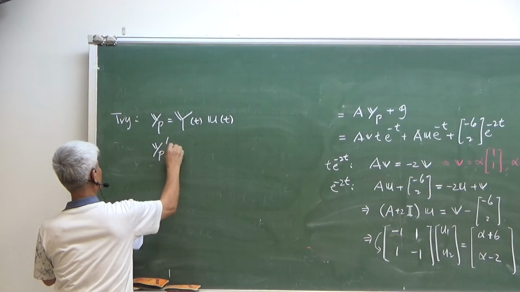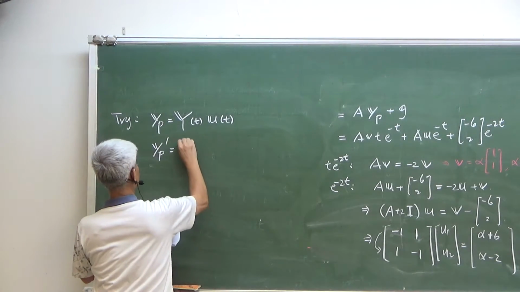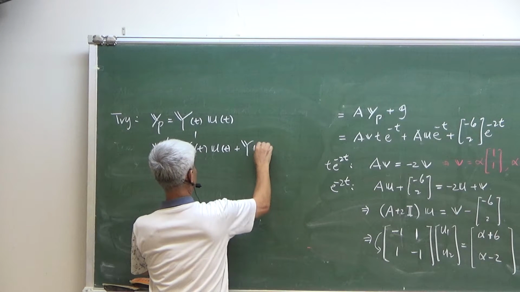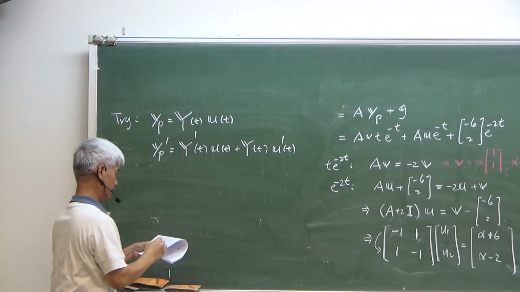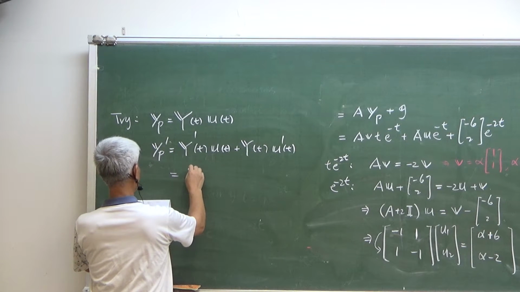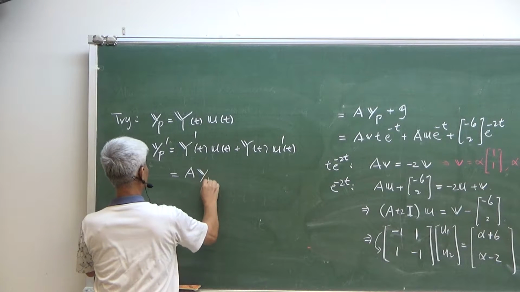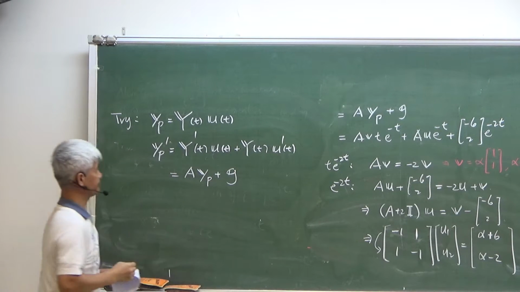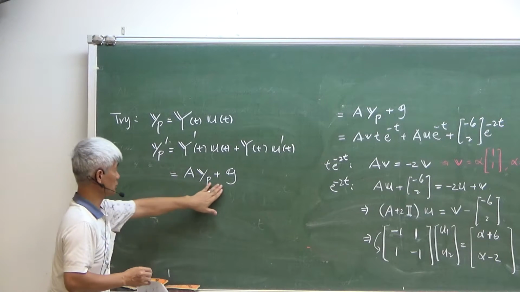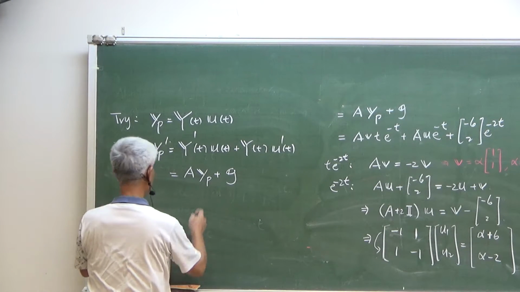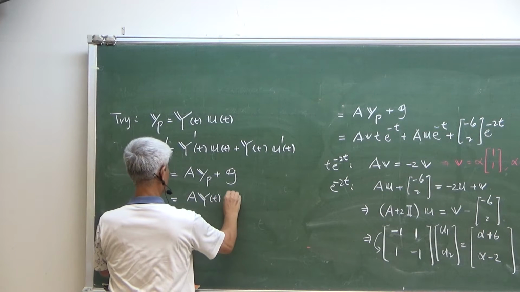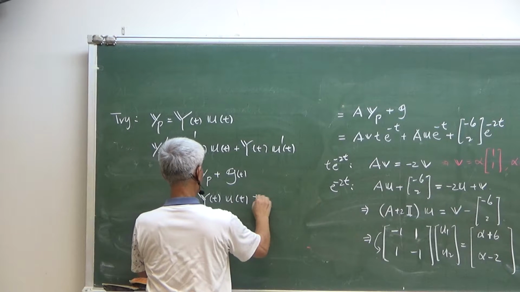Alright, so the first derivative of y_p is equal to Y'(t) u(t) plus Y(t) u'(t). And this is equal to A y_p plus g, because y_p is a particular solution of the non-homogeneous linear system. Okay, and this is A Y(t) u(t) plus g.